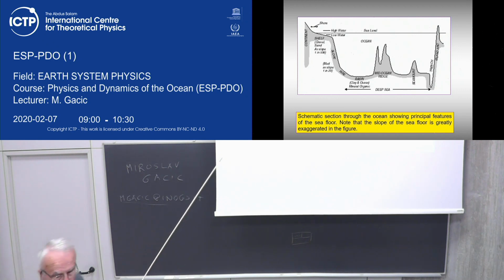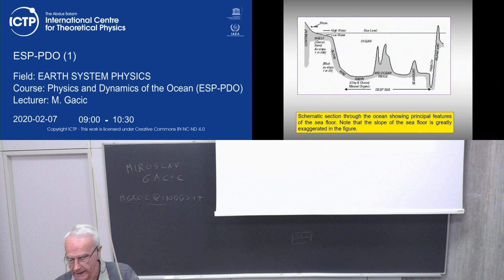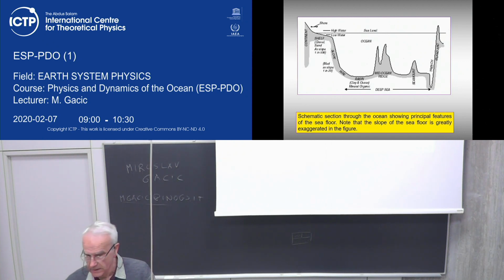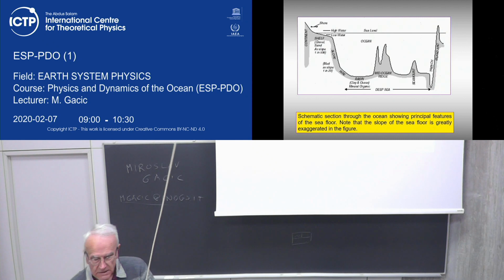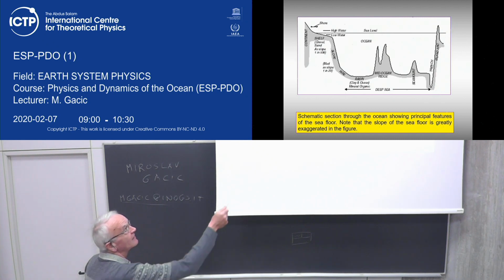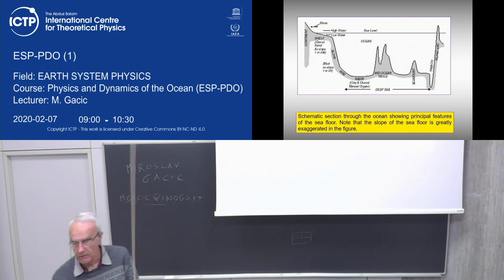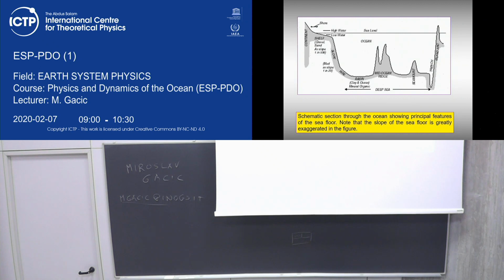If we show in a graph in these proportions, 10,000 kilometers with respect to 5 kilometers, you have a single line. You won't see anything. So what do we do? We exaggerate the vertical scale in our graphs with respect to the horizontal scale in order to see these features. Otherwise, it will be a single curve and nothing else.